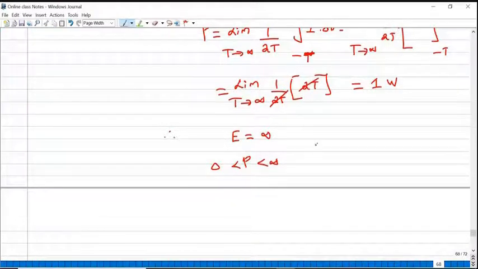Therefore, the given signal is a power signal. Power finite, energy infinite. Okay.